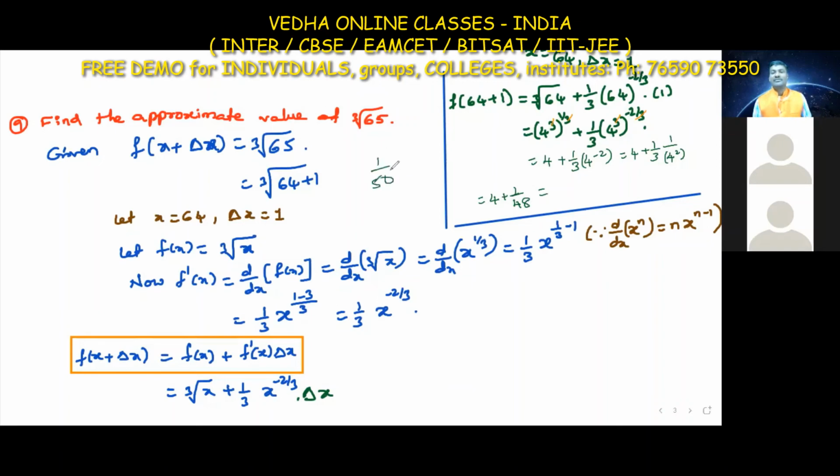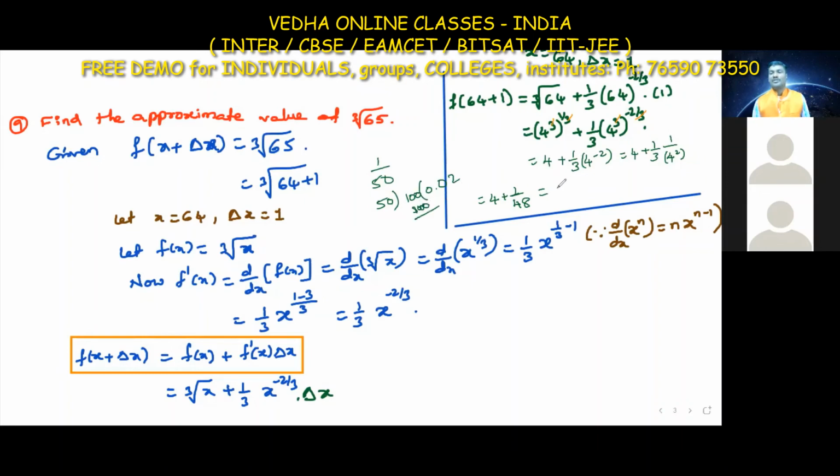1 by 50 is nothing but, dividing 1 by 50, we get 0 point, and whenever we take that point we can add 0 here. It is not divisible, so we take one more 0. 2 times 50 is 100.